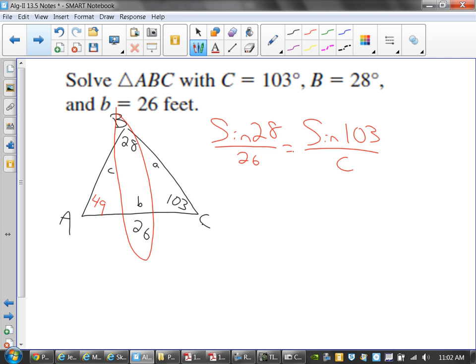Fraction equal fraction, all you've got to do is cross multiply. And then how do I get C by itself? That'll give me my value of C.